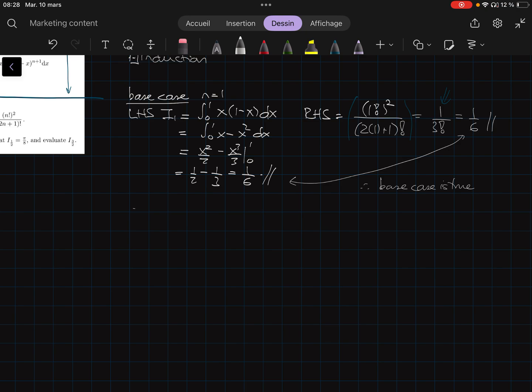Induction hypothesis. Assume that it is true for n equals k. In other words, I_k is equal to k factorial squared over (2k plus 1) factorial. And we consider the case n equals k plus 1.